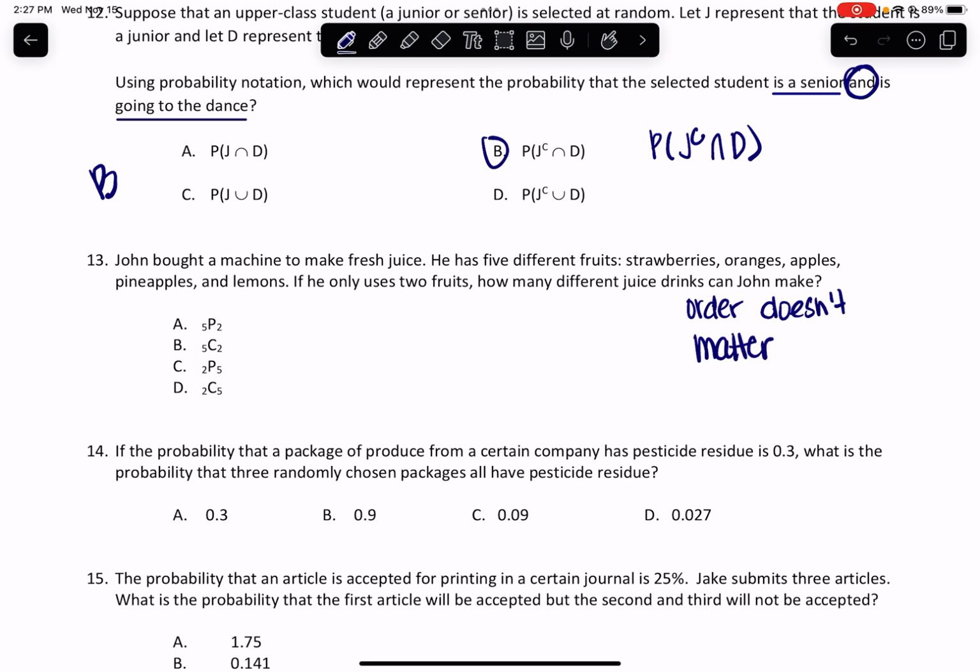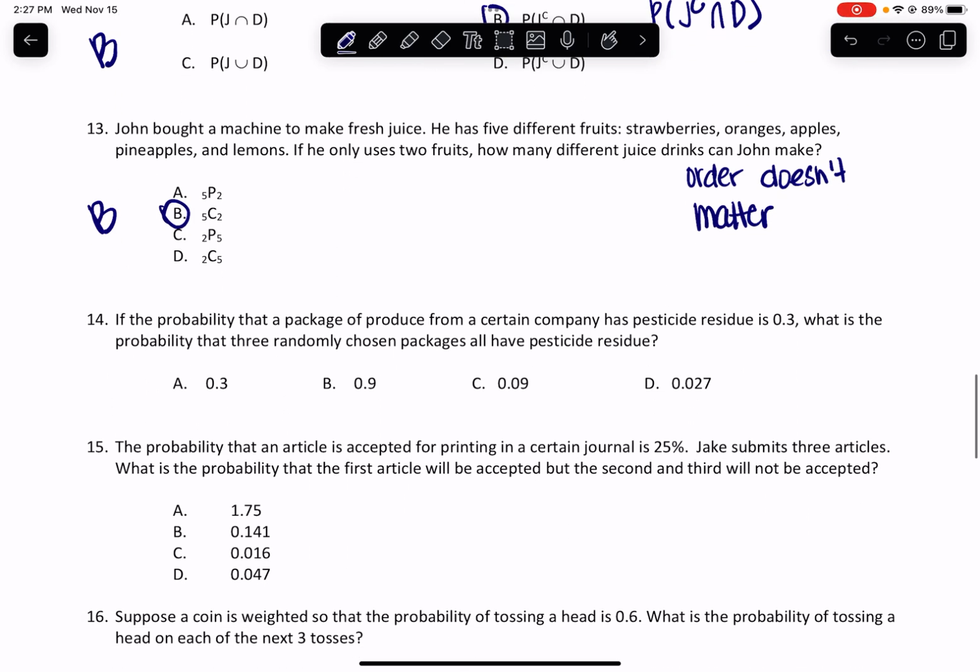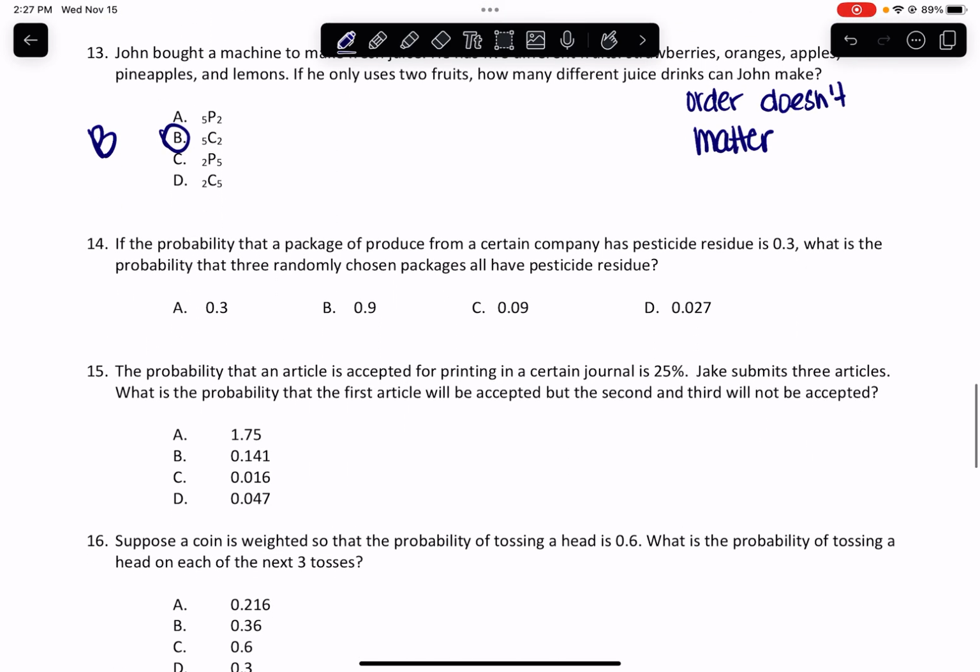So it's a combination, and you always have the larger number on the left. Okay. If the probability that a package produced from a certain company has pesticide residue is 0.3, what's the probability that 3 randomly chosen packages all have the residue?